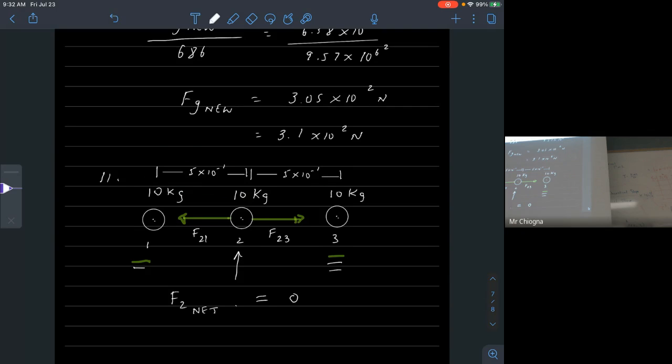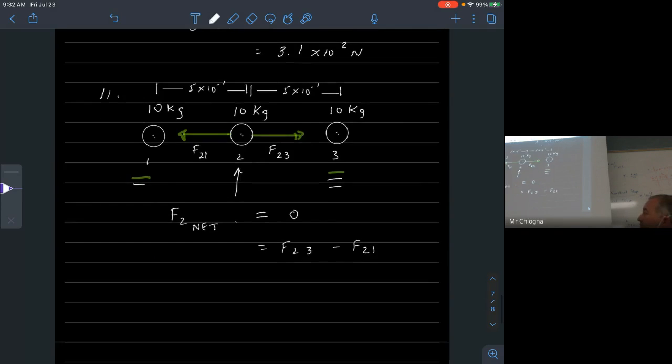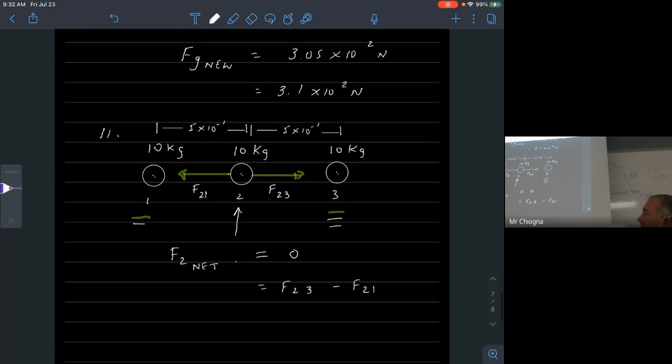If one was bigger, let's say if F23 was bigger, I'd write the net force as F23 minus F21. If F23 was bigger. Okay? But they're the same, so they cancel each other out. You can just skip that step if you want.